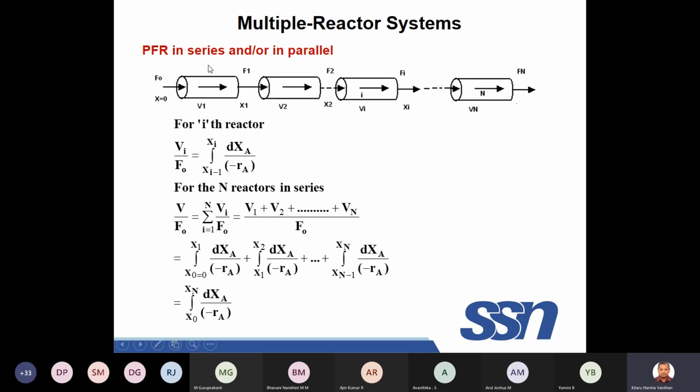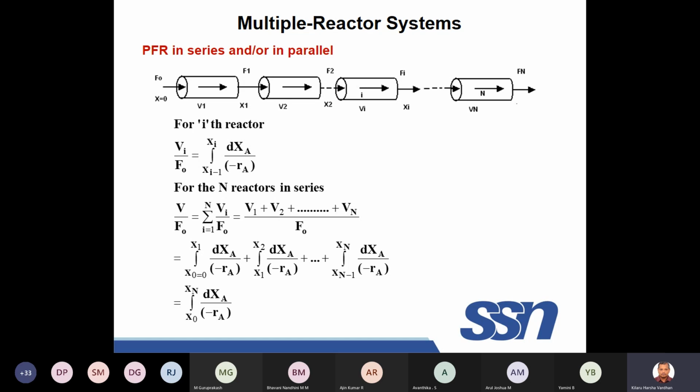There will be different combinations like small plug flow reactors in series, small CSTRs in series, or one plug flow reactor and one CSTR in series, either the same volume or different volume, or one CSTR and one PFR in series. One big CSTR, one small CSTR, one small plug flow reactor in series, either 3 or 4 or 5, whatever.